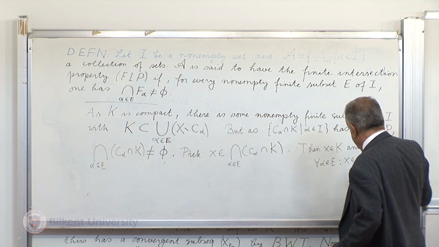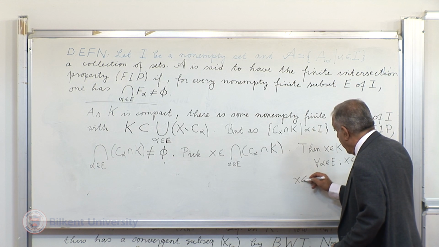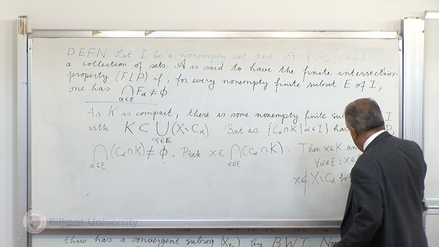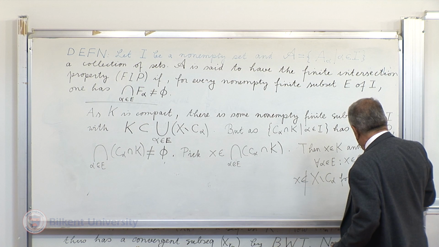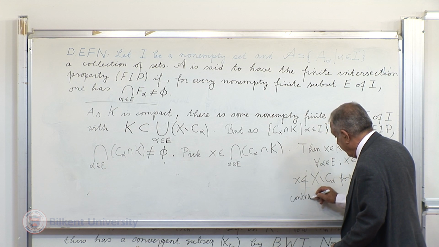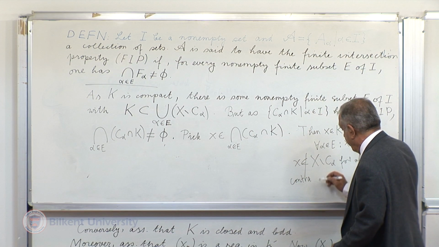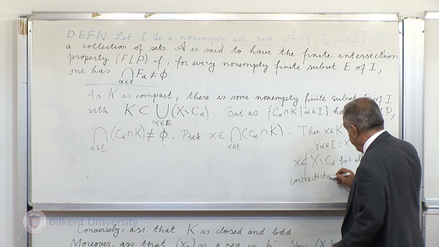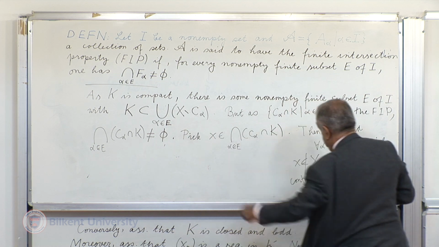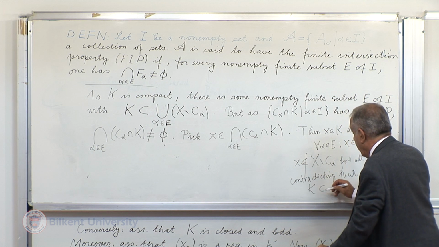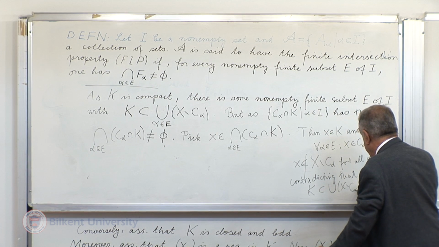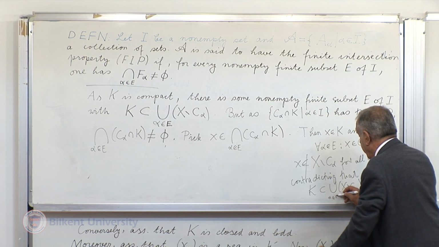That is, x does not belong to X minus C alpha for all alpha in E. Contradicting that x is in this union, K is in the union of X minus C alpha, alpha in E.